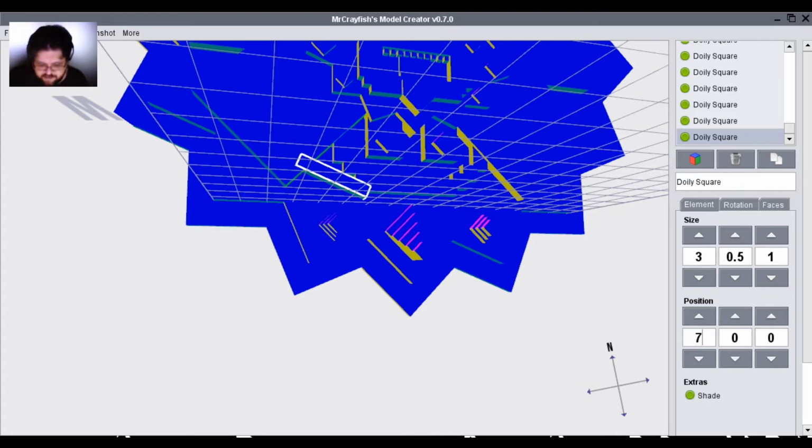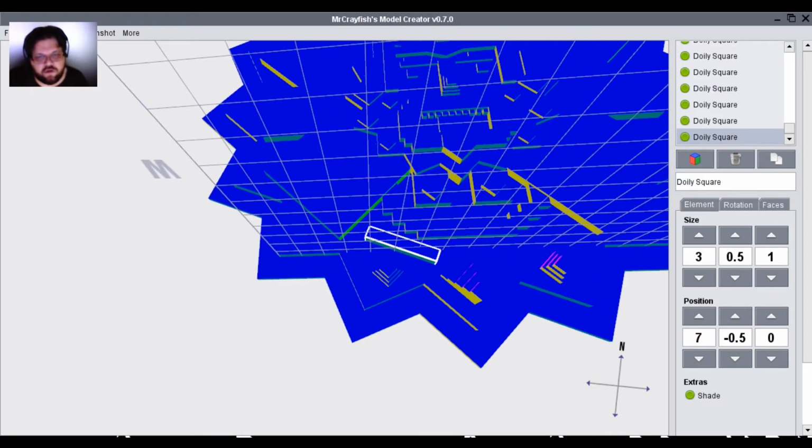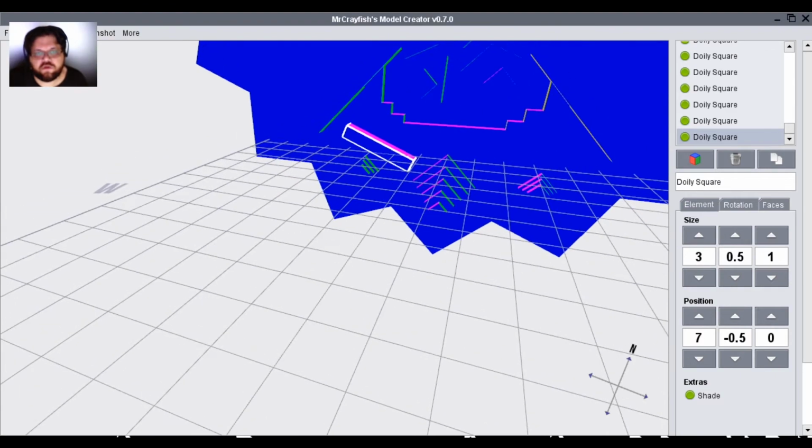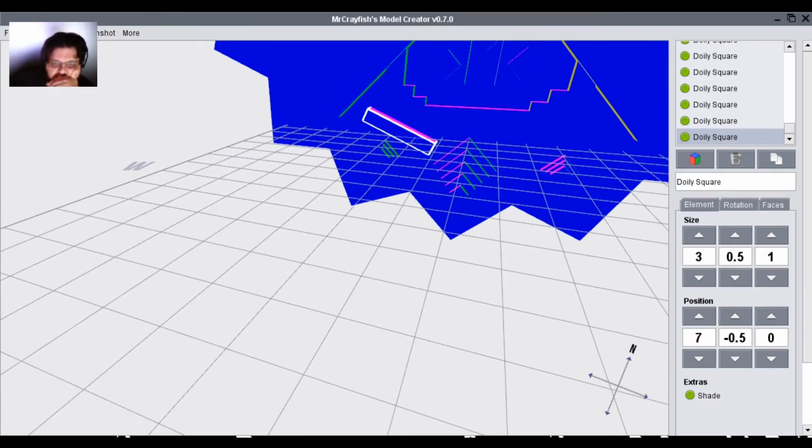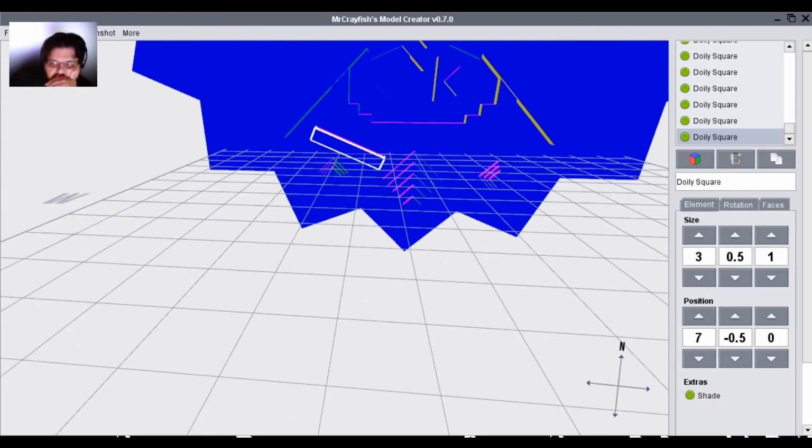Let's bump you up to a 7.5. 7.2. 7. So, 1.5. And let's bump you over to a 7.5. 7.7?